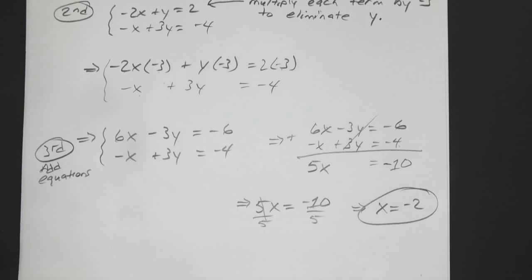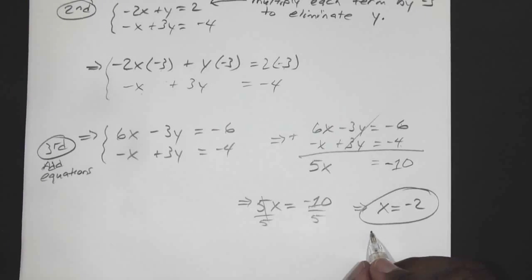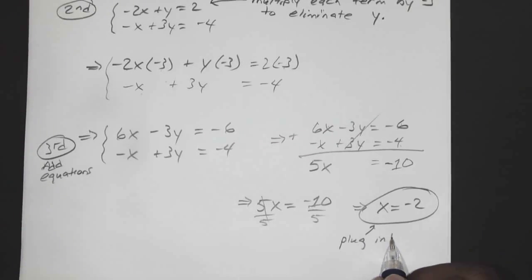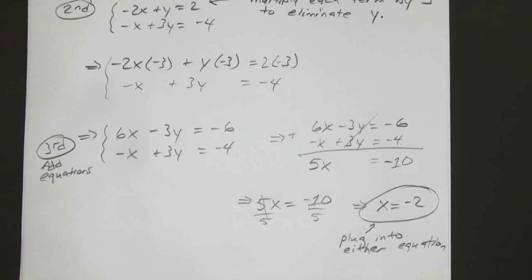Now, once we solve for one of our variables, we just plug that into either one of the equations in the beginning, and solve for the other one. Plug into either equation. Okay, so if we have negative 2x plus y equals 2, I'll plug it into that one.